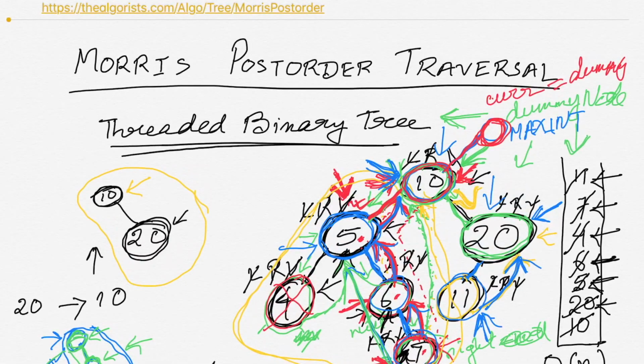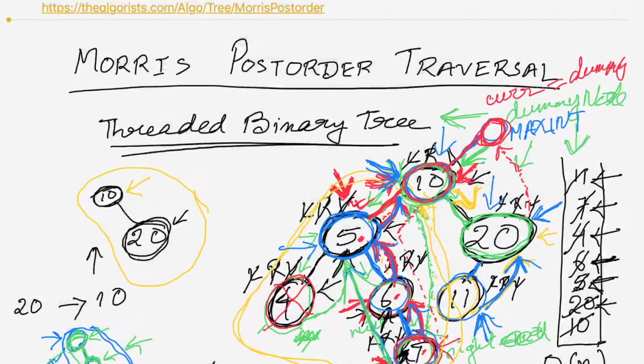In this case, the predecessor will be 20, because 20 is the rightmost node of its left subtree, because we are taking the in order predecessor here, and then we are tweaking the following steps to make it post order.